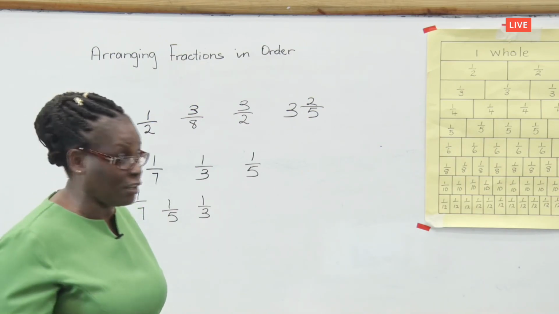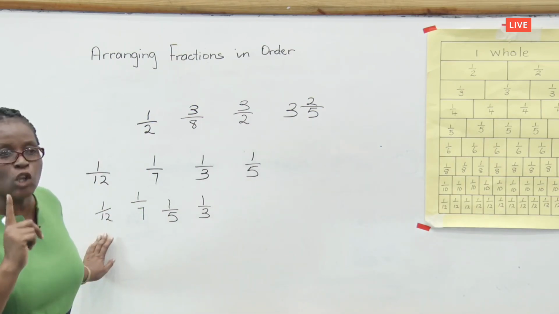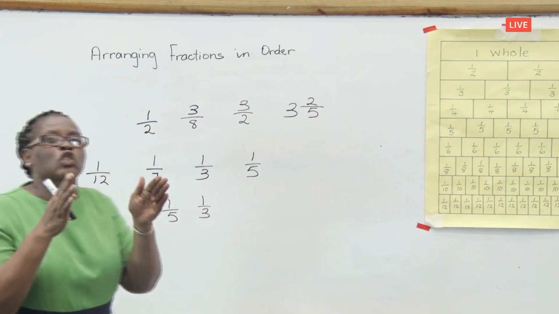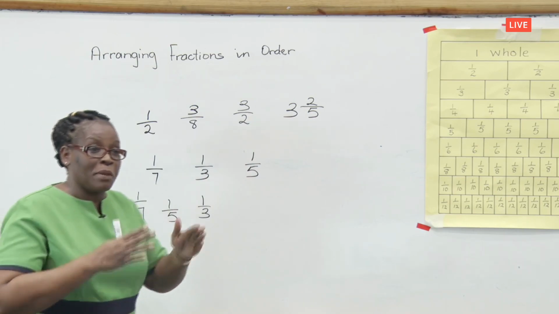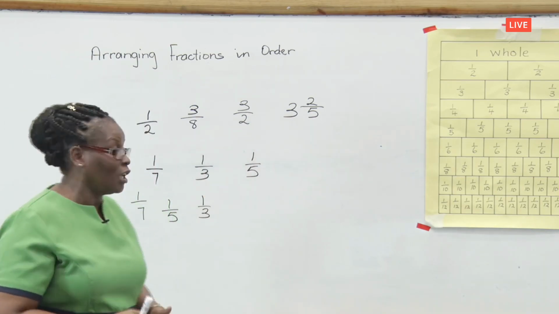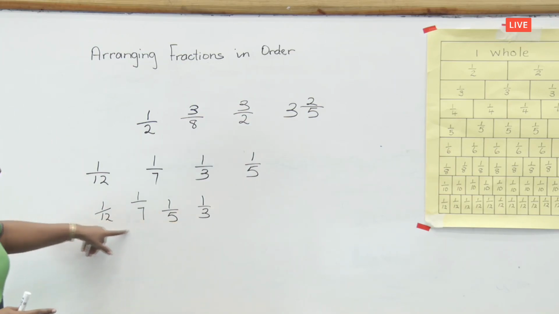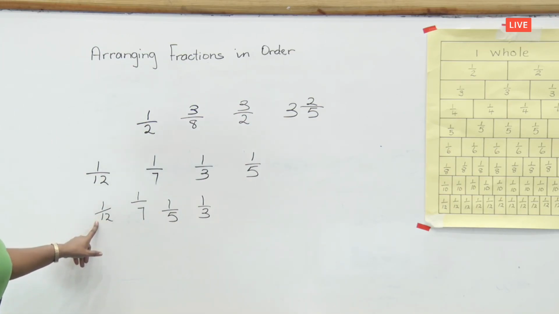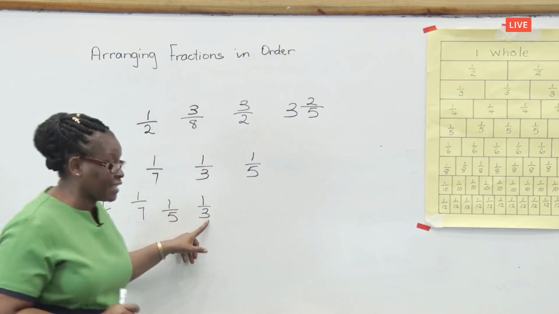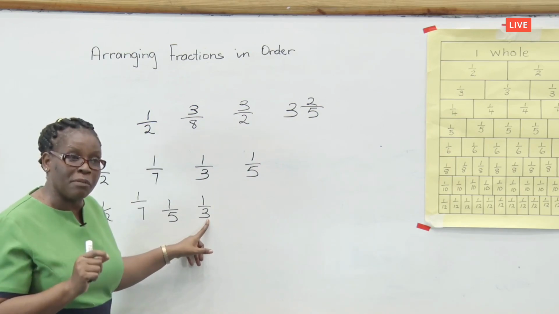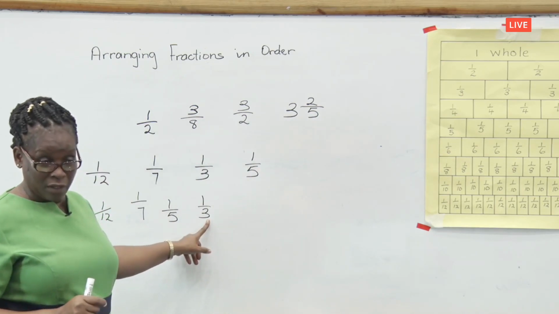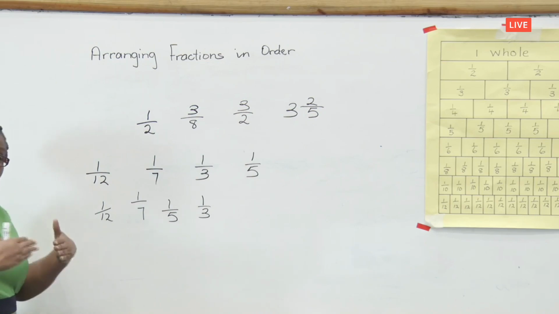Excellent answer. When we are arranging unit fractions in order, the bigger denominator is the smaller fraction. So here we have 4 fractions, and 12 is the biggest denominator. Therefore, 12 would be the smallest fraction. 3 is the smallest denominator, therefore 3 will be the bigger fraction.